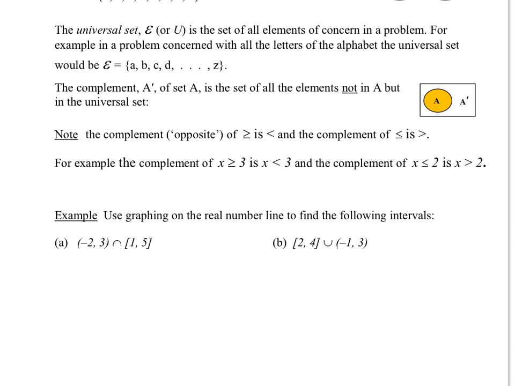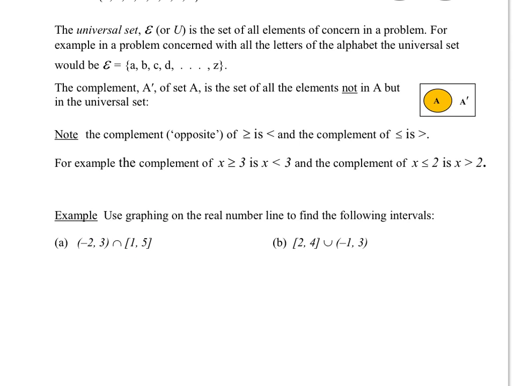And sometimes you're asked to try and put on a real number line, or try and find out the actual interval for the union of two sets, two intervals on your number line. So if you think about the intersect of this and this, basically it's all the numbers that are in this but also are in this.